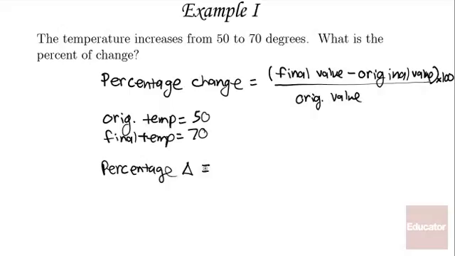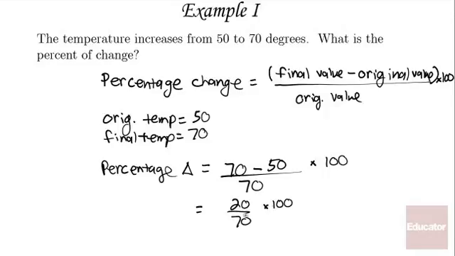So I have my final value of 70 minus my original value, which was 50, over the final temperature of 70 times 100. 70 minus 50 is 20 divided by 70 times 100. This gives me 0.4 times 100, which equals 40%.